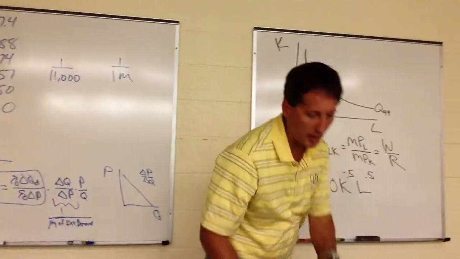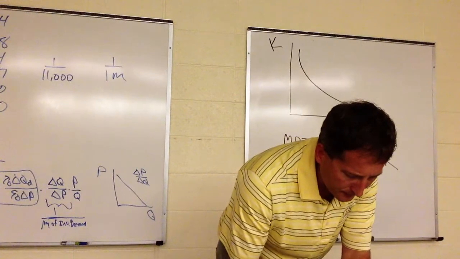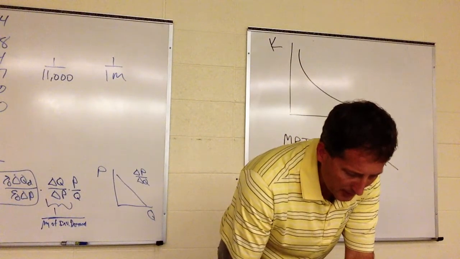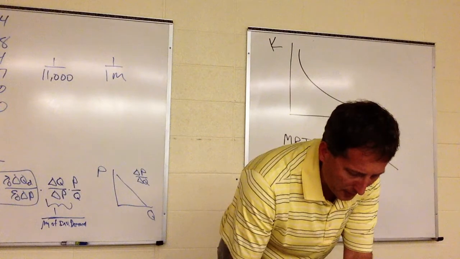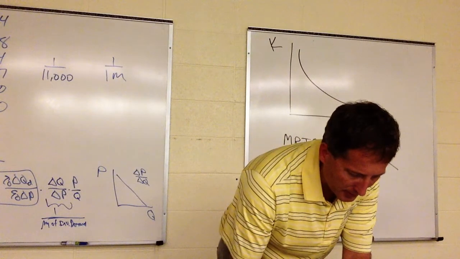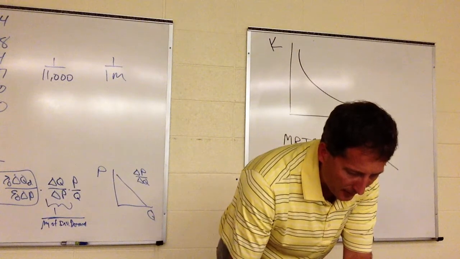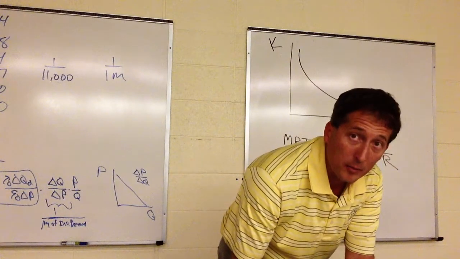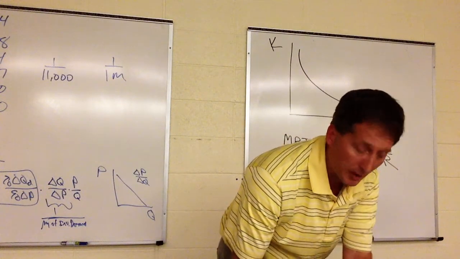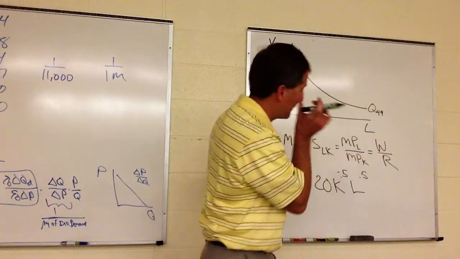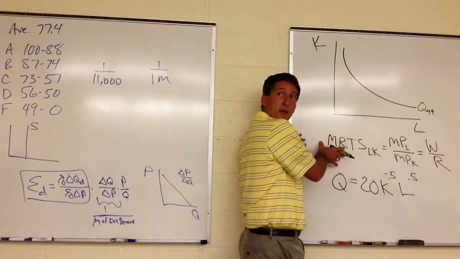So for this one, solve for the lowest cost combination of labor to capital that allows the firm to produce 49 iPods. Fractional units are fine. So did you get that part of the problem? B? Okay, so B is this part.